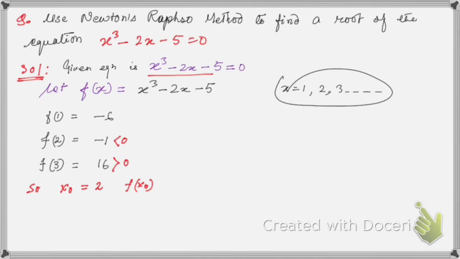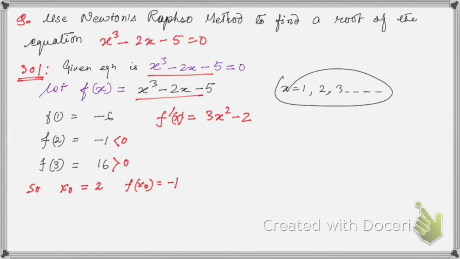And corresponding f of x naught, if you put x equal to 2, we have got f of x naught equal to minus 1. If you differentiate f of x, you will get f dash of x equal to 3x squared minus 2.